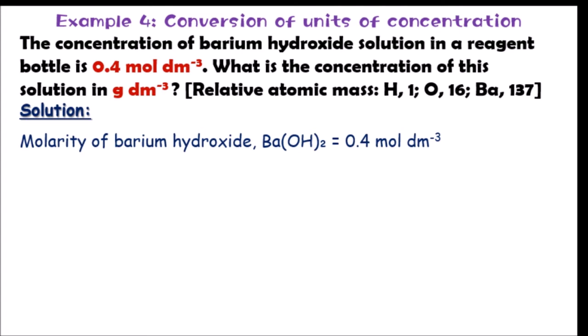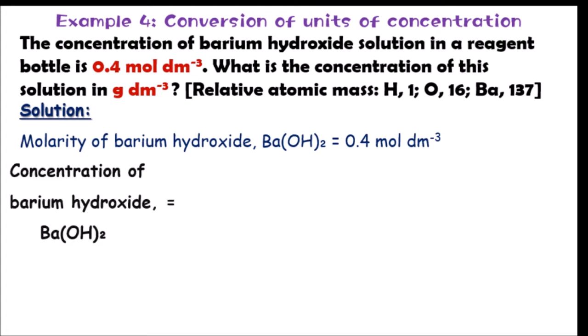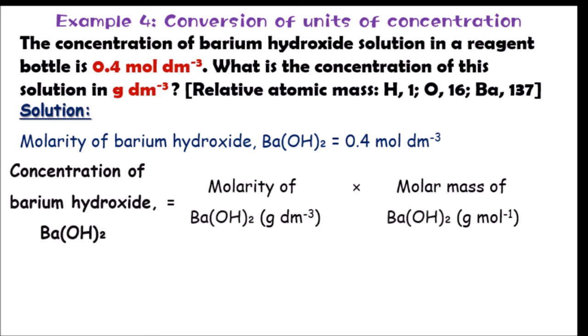So molarity given for the barium hydroxide is 0.4 mole per dm cube. You must remember that the formula for the barium hydroxide is Ba(OH)2. So now, concentration of barium hydroxide is equal to molarity times molar mass.